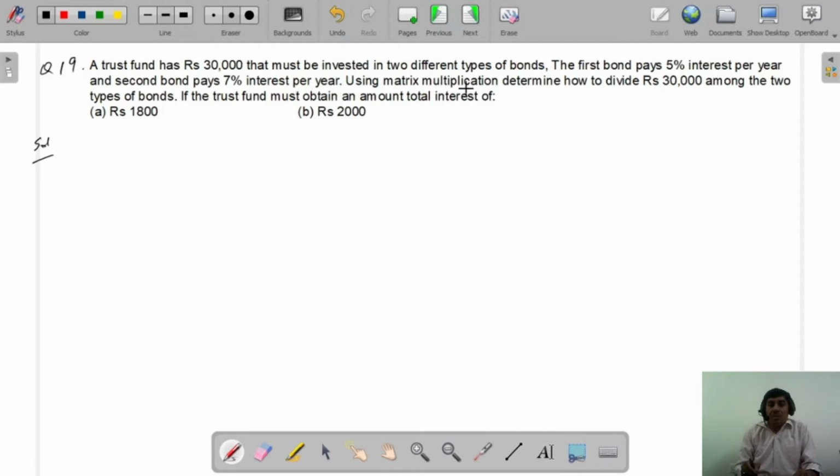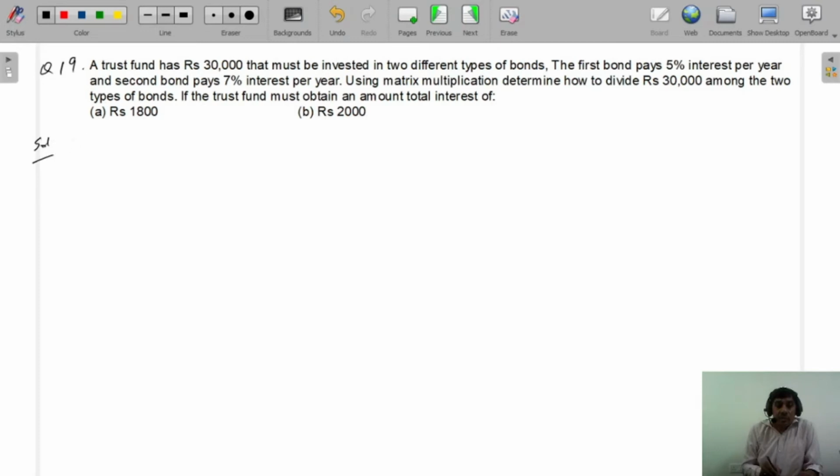Using matrix multiplication, determine how to divide rupees 30,000 among the two types of bonds if the trust fund must obtain a total interest of part A rupees 1800 and part B rupees 2000.